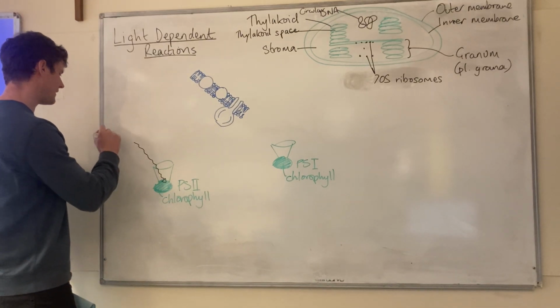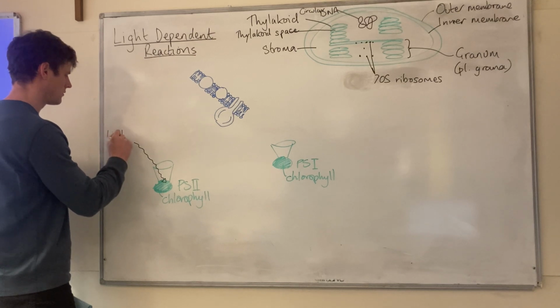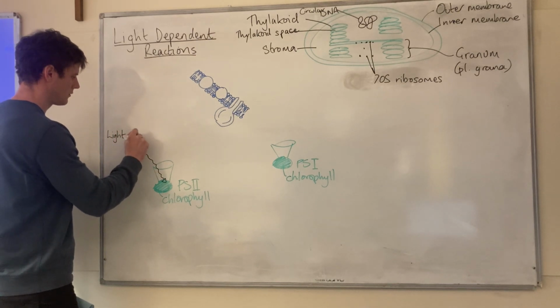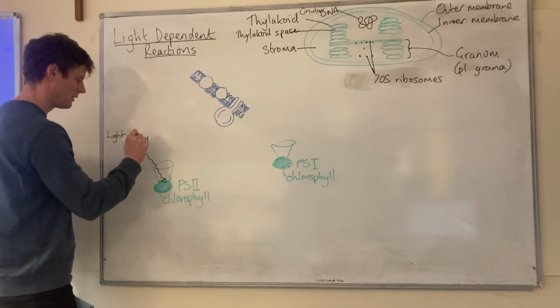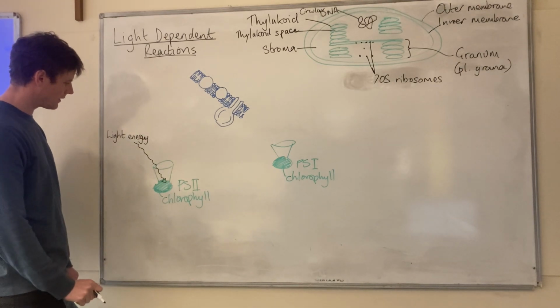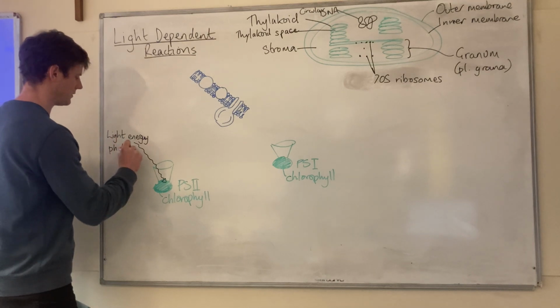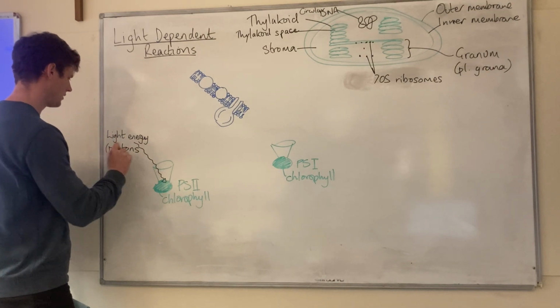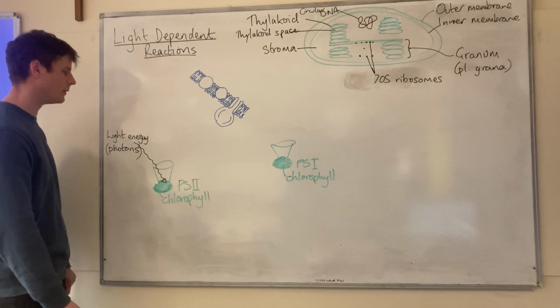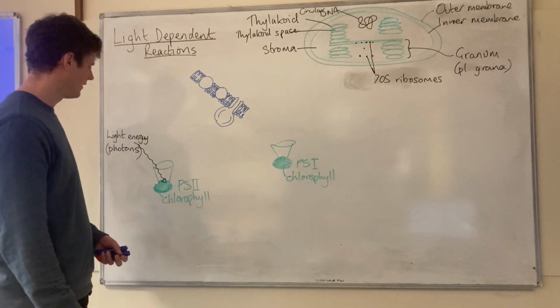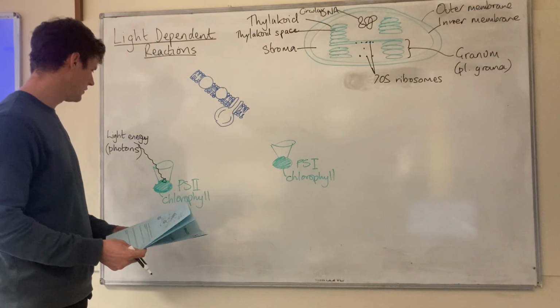So light energy, or you may know that light energy as, sometimes it's referred to as photons. You'll have to ask a physicist why, but it's something to do with light being a particle and a wave.